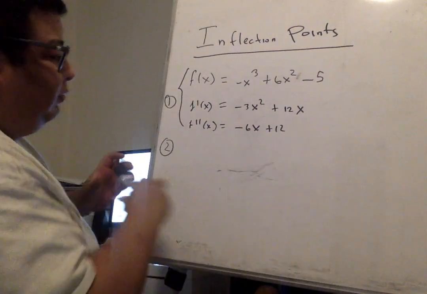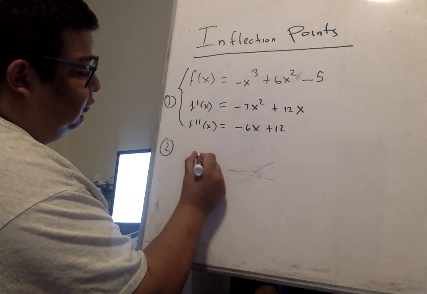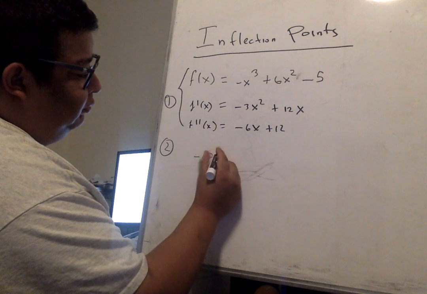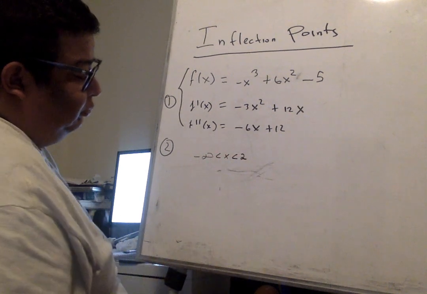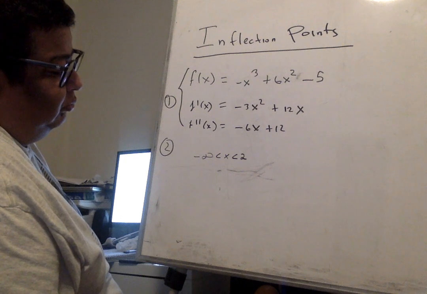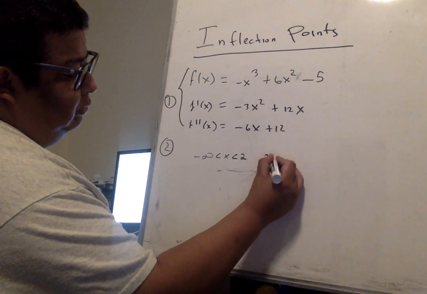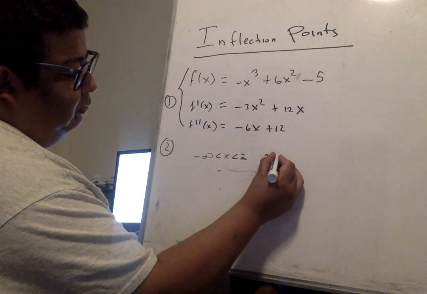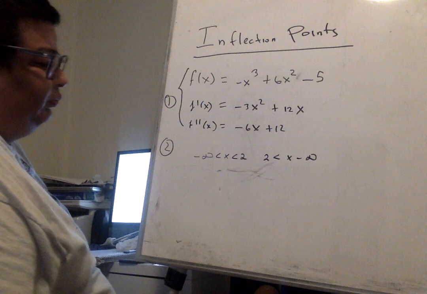So the way we're gonna do it is we're gonna set the intervals. So for example, negative infinity less than 2, and then 2 to infinity.